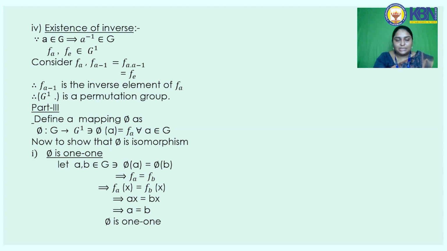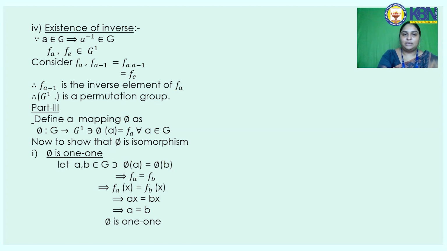And the last one is existence of inverse. Since G is a group, by the inverse property we know that a inverse belongs to G. But now to prove that G' satisfies the existence of inverse property, we are taking the two mappings, that is f_a and f_e in the set G'. Also G is a group, then we can clearly say that a inverse also belongs to G. For that purpose, we are considering f_a into f_a inverse.